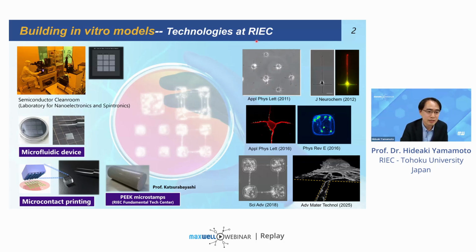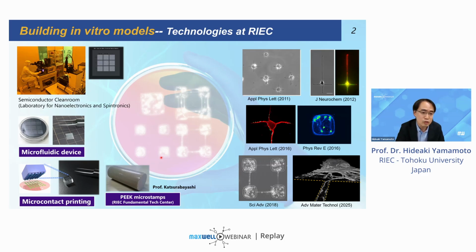And we use these semiconductor clean room facilities here at the laboratory for nanoelectronics and spintronics to fabricate homemade microfluidic devices or microstamps that we use in experiments and also share with our collaborators.